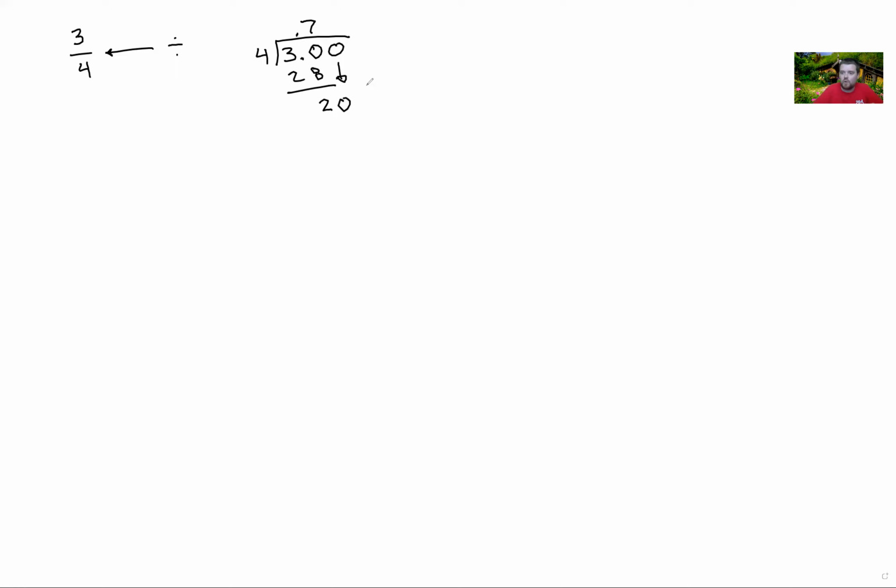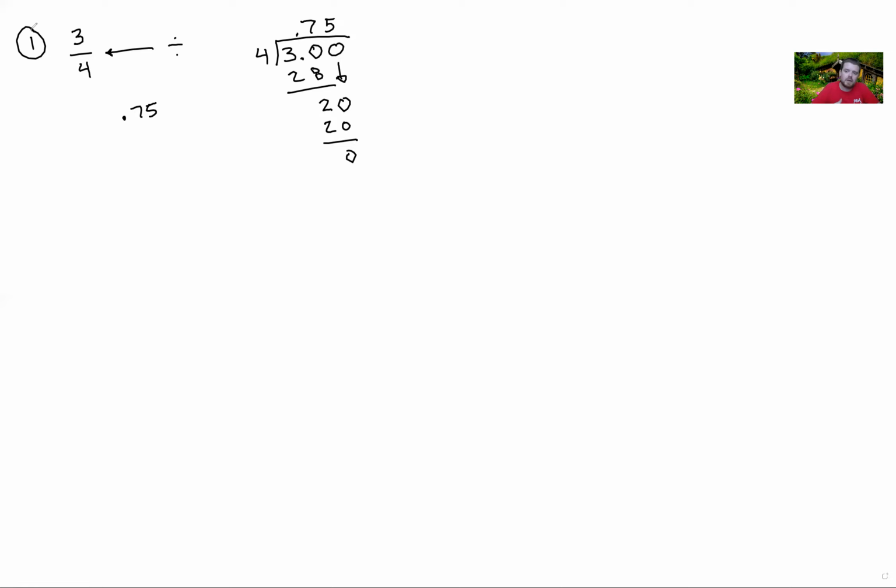Now I'm seeing how many times 4 goes into 20. 4 goes into 20 5 times. 4 times 5 is 20, which gives me a remainder of 0. So my answer would be 0.75. 3/4 as a decimal is 0.75. Now, our goal typically is to get a remainder of 0, but that won't always be the case. Sometimes you're going to get a non-terminating decimal, which we'll see in a second.